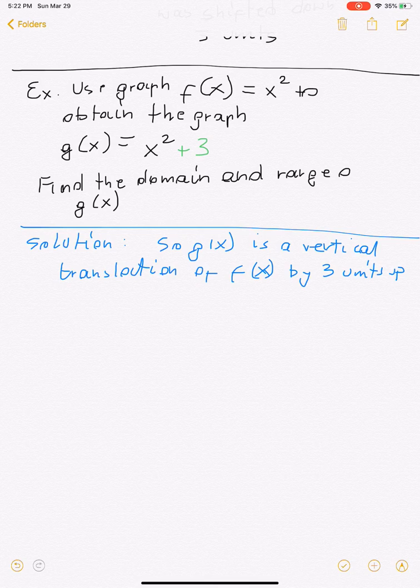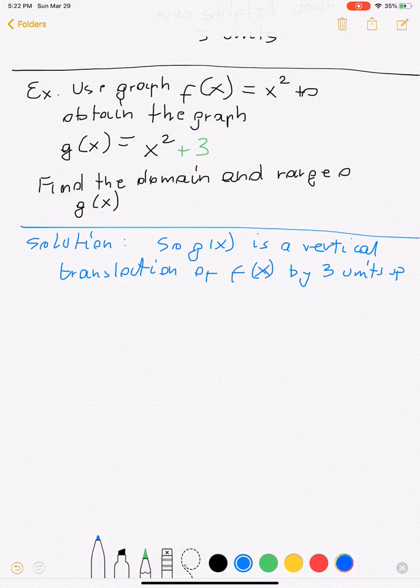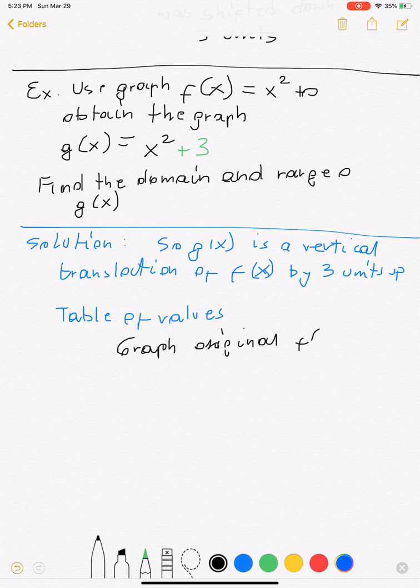So let's create the table of values. We have a function, we're going to graph the original f of x, which is equal to x squared.